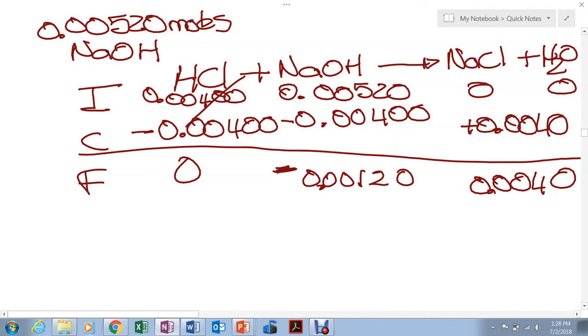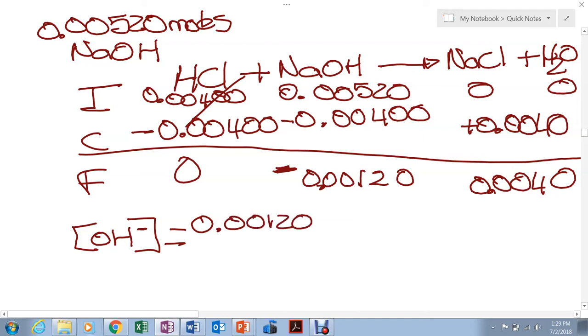So you got here the concentration, but this time it would be OH. Why? Because H3O is all gone. So you're going to have to find the OH, then the pOH, and then subtract it from 14 to find the pH. So we got here that we have 0.0120, the excess of sodium hydroxide moles, and you're going to divide it by the total volume.